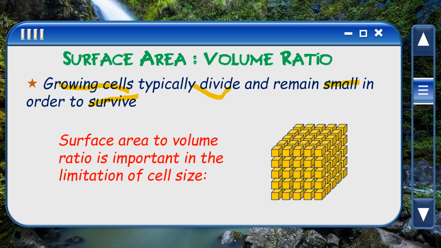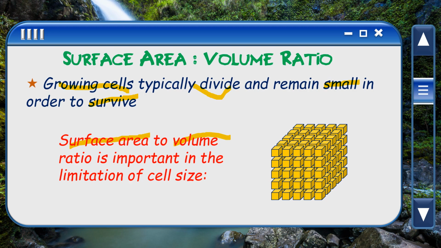Why is the cell growing and continuously dividing? To increase the surface area to volume ratio. And why are we increasing the surface area to volume ratio?